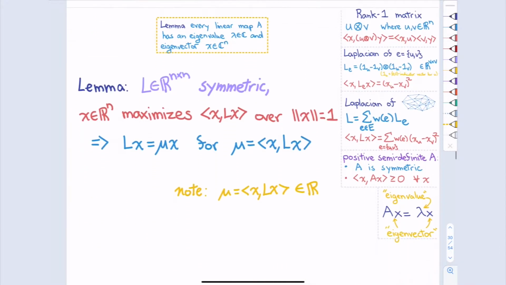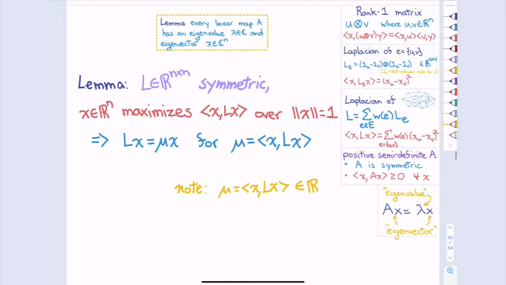So here then is the claim. If you have any symmetric matrix, consider this optimization problem where I'm trying to maximize xLx over all unit vectors x. We could have also done it with min, but here we're going to do max. So this x that's just maximizing this simple expression is always going to be an eigenvector.